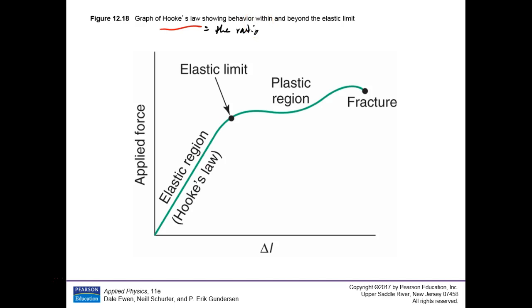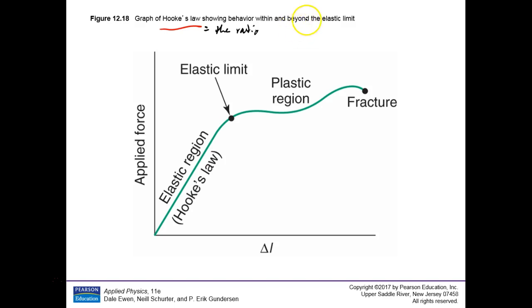The ratio of the force applied to an object to change its length, resulting in either being stretched or compressed, depending on if it's a tensional force or a compressional force, is constant. Now, the trouble is they're not making a real clear distinction. What's the ratio? The ratio is the force to the change of length.